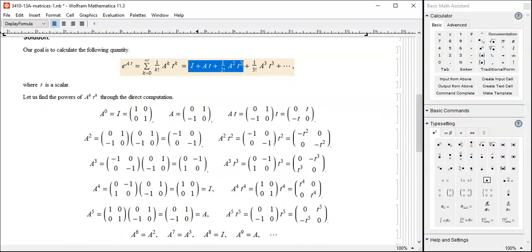Next, A cubed. All right. This is A squared times A, and do the computation. Again, the matrix multiplication: first row times first column, first row times second column, second row times first column, second row times second column. I'll assume everybody can do it now. And then in the end, we get this after multiplying t cubed.